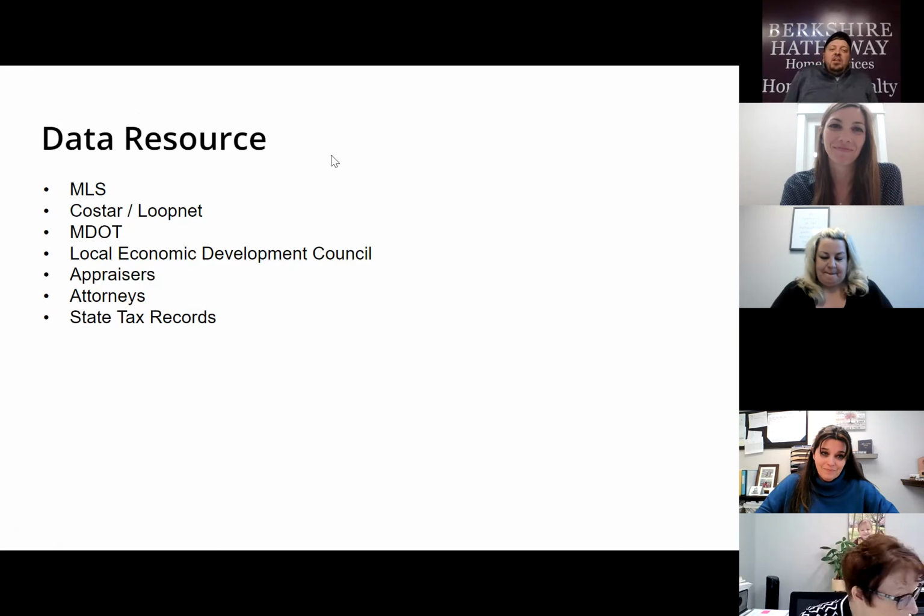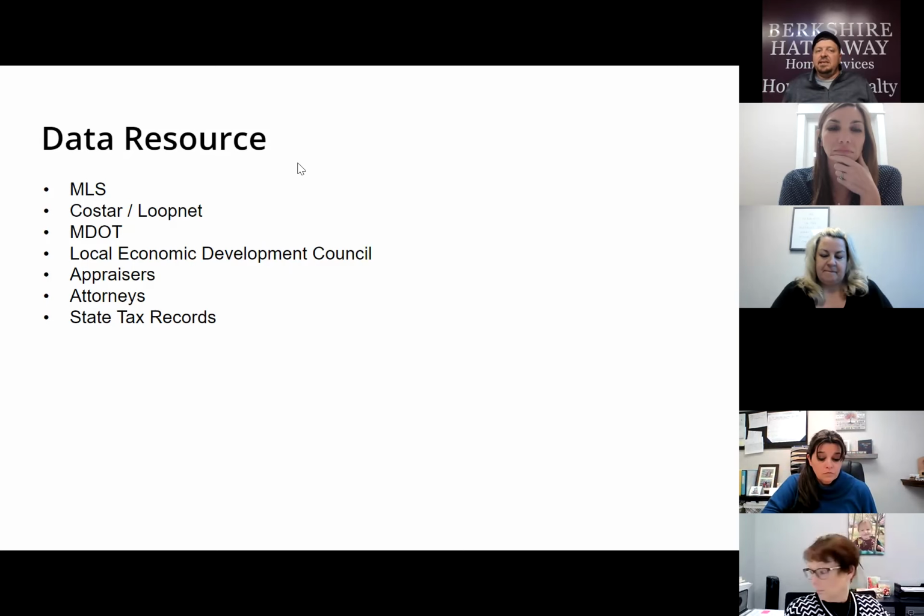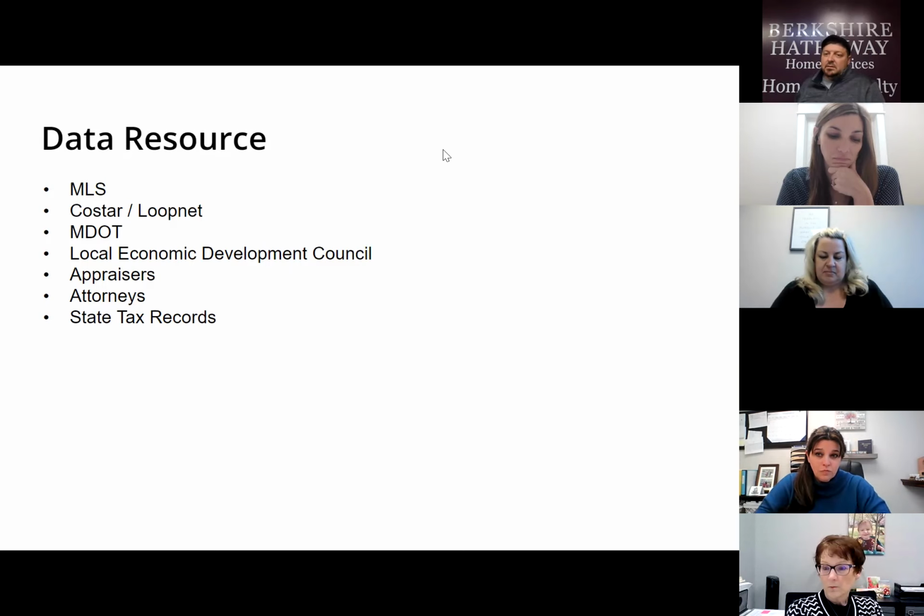Yeah, so you can go and put in addresses, and they will give you the traffic count, and they'll usually date it, like what date the traffic count was taken and what the results were. And then this is where I'm saying you don't need CoStar and LoopNet. What you need is to go take your local economic development council person out to lunch and say, what's going on in the area?